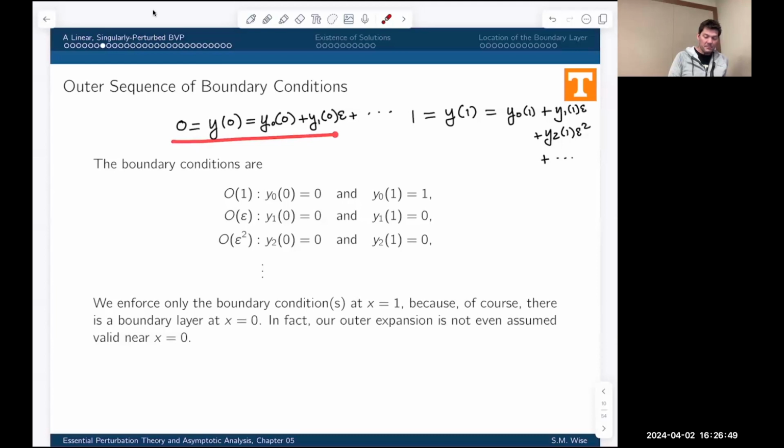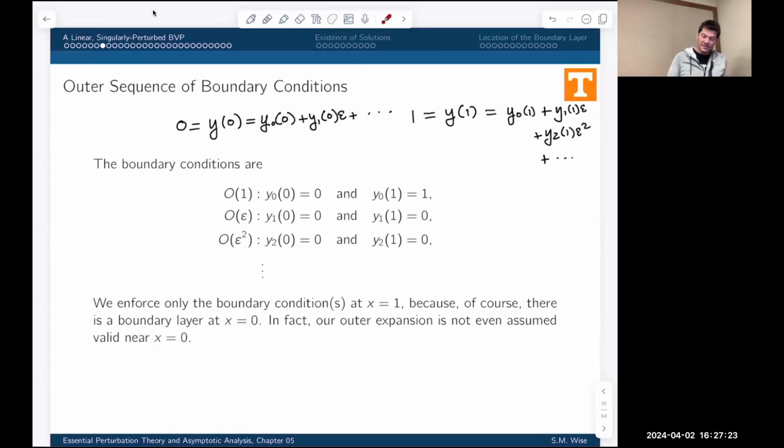So this one is not going to be valid, so we're going to reject that because that is in the boundary layer. We want to stay away from the boundary layer and only work in the outer solution region. Okay, so this is the boundary condition we want to use. But this tells us that y at 1 has to be equal to 1. So we think about this 1 as being an asymptotic power series expansion. So its order 1 term is 1, but all its higher order terms are 0.